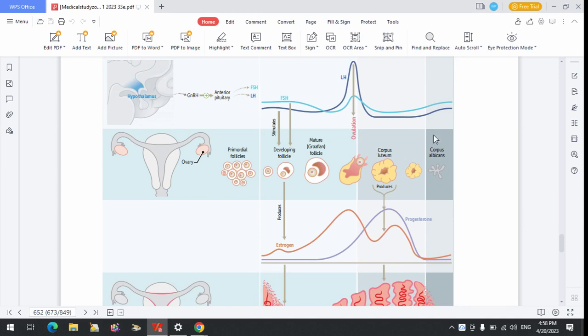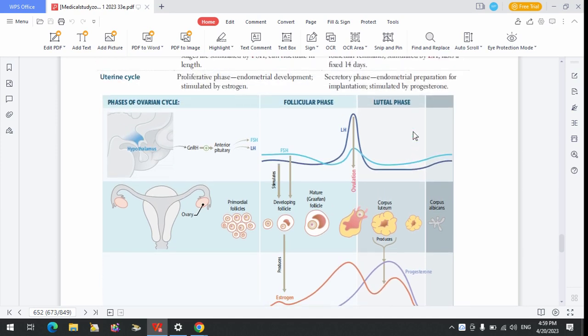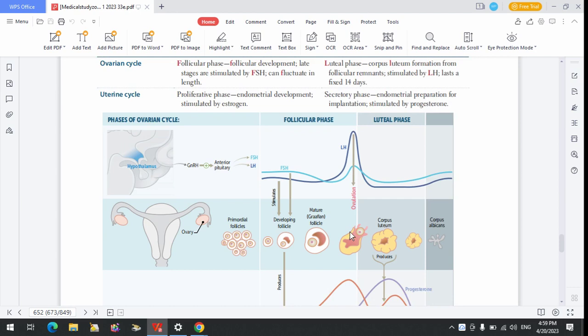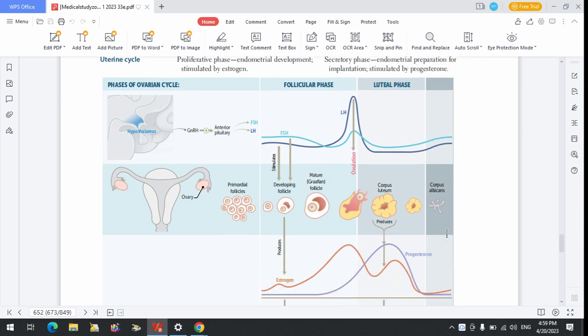So if there is fertilization... let me say it well. Now you have follicular rupture and it has differentiated into the corpus luteum. It is secreting progesterone. But after 12 to 14 days, this corpus luteum degenerates into corpus albicans. When it degenerates into corpus albicans, there's no progesterone support again.